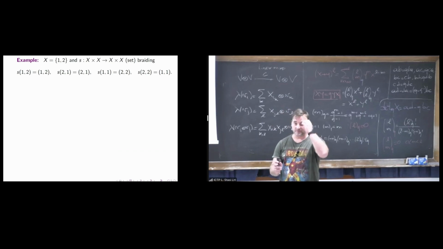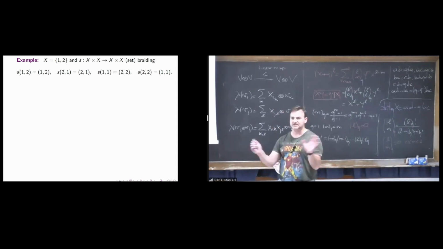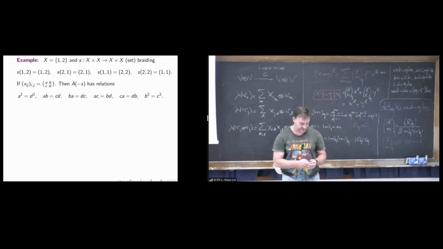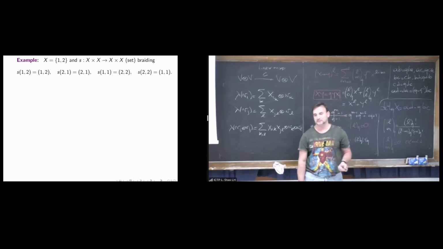For example, for the braiding, let's take a very easy one. Take the set, just the set having two elements. And as a braiding, take first the function as sets, not linear, not anything. The function is: take the 1, 2 goes to the 1, 2, the 2, 1 to the 2, 1, but the 1, 1 to the 2, 2, and the 2, 2 to the 1, 1.